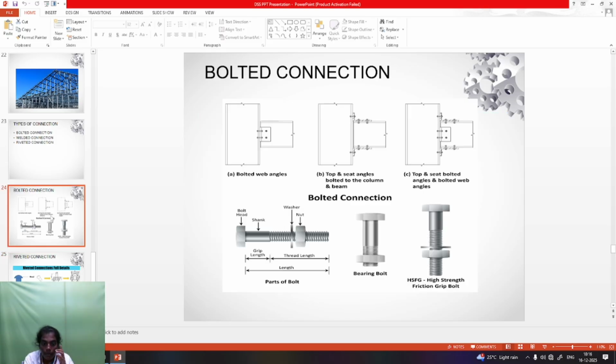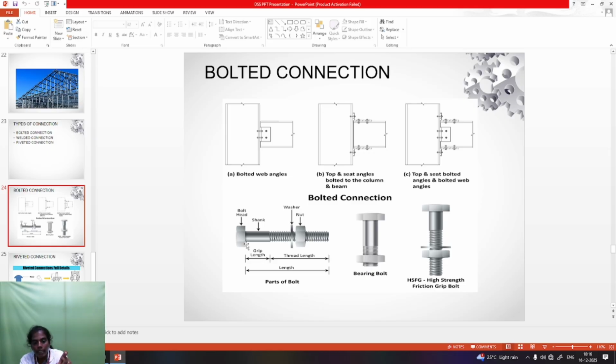First is the bolted connection, which is very important. This is the shank area, the plain area. The thread area is used for the nut connection. Normally the diameter of the bolt used is 20 mm. First the hole is made, after that the bolt is inserted.